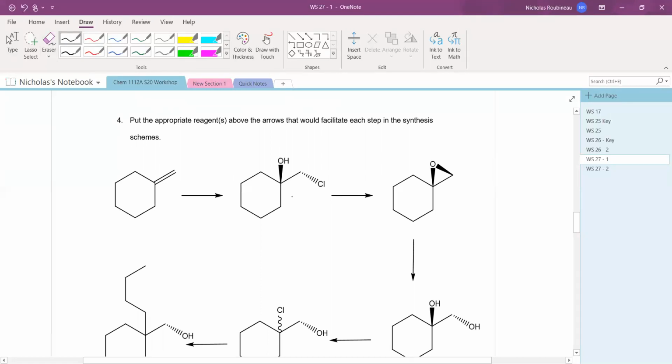All right, so this is filling in the reagents instead of filling in the products. So how could we get from this double bond to this first product here?